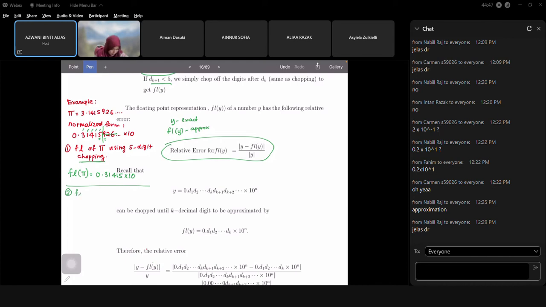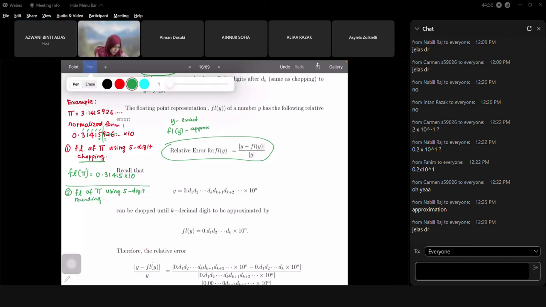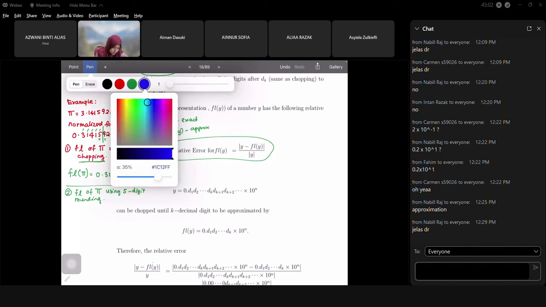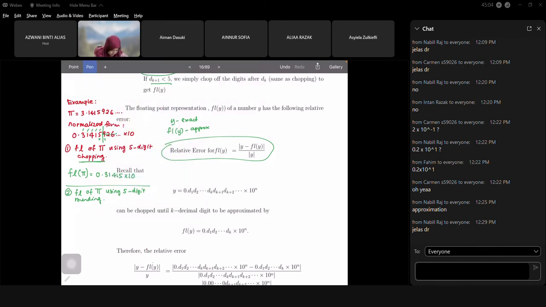Find FL of the floating point of pi using 5-digit rounding. So dapat apa? Cuba tengok je. So rounding dia kira 1, 2, 3, 4, 5. And then kita tengok bila kita cut kat sini, waktu cut kita kena tengok the number at dk plus 1 tadi kan.